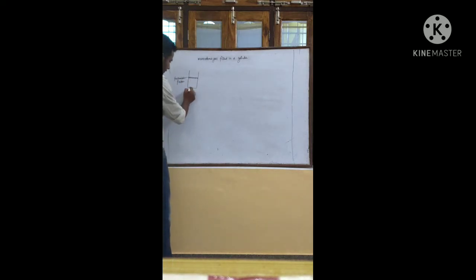This is a cylinder, cross section area A, and this height is L1. Okay. So in initial condition, this is the state 1. The temperature is T1, pressure is P1, volume is V1.